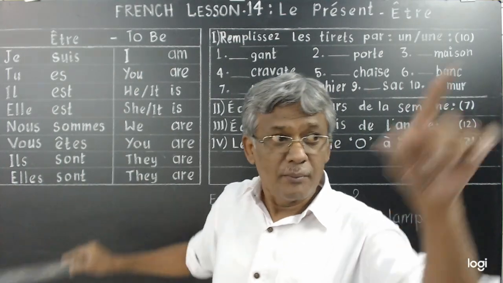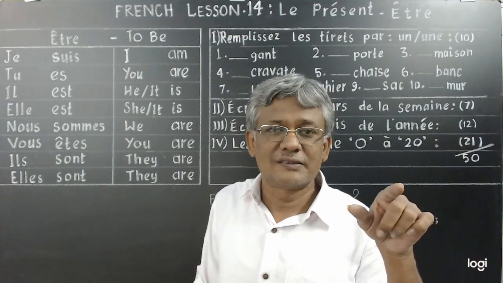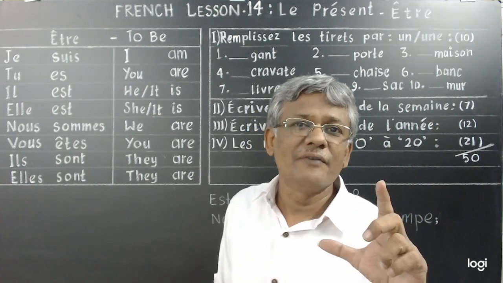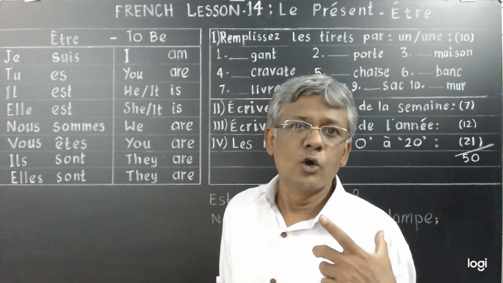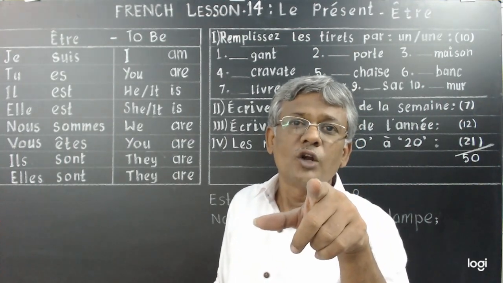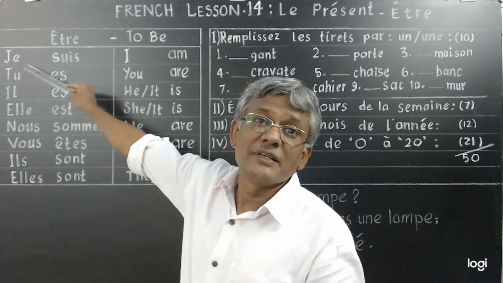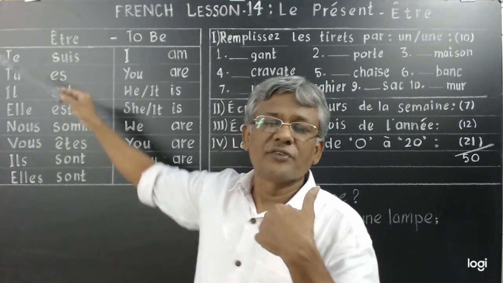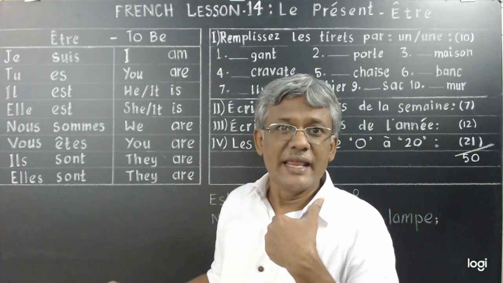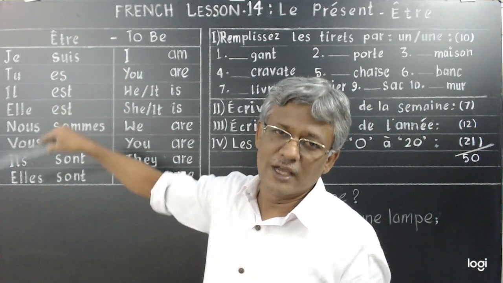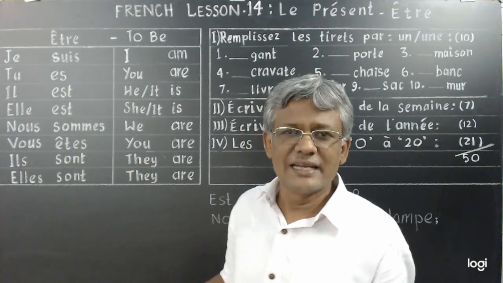Elles means what? They, a group of girls. These are all pronouns. A pronoun is a word which replaces a noun. Instead of Narendran is teaching you, what do I say? I am teaching you. You understand? Instead of Narendran, I say I. Okay, these are all pronouns, subject pronouns. We will go in detail later.